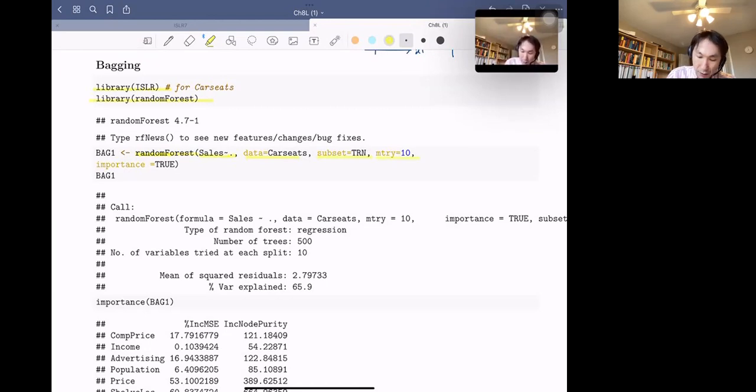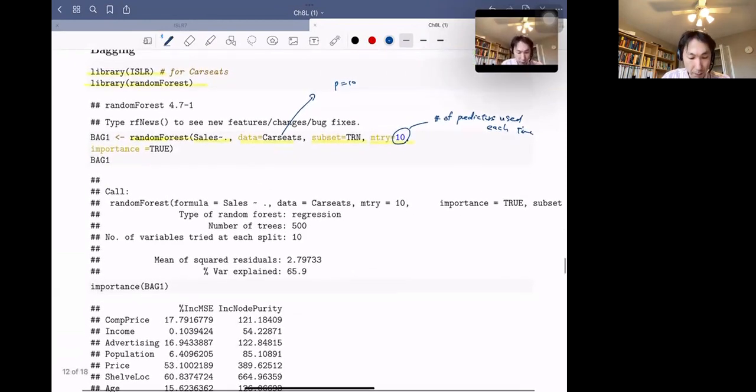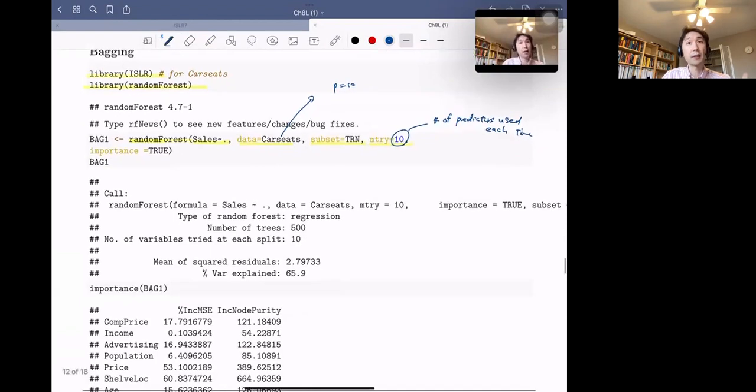Then the number of trees, and mtry, which is the number of predictors to use each time. The Carseats data has 10 predictors, so p is equal to 10. If mtry is equal to 10, we fit bagging. And if mtry is smaller, that is called a random forest.